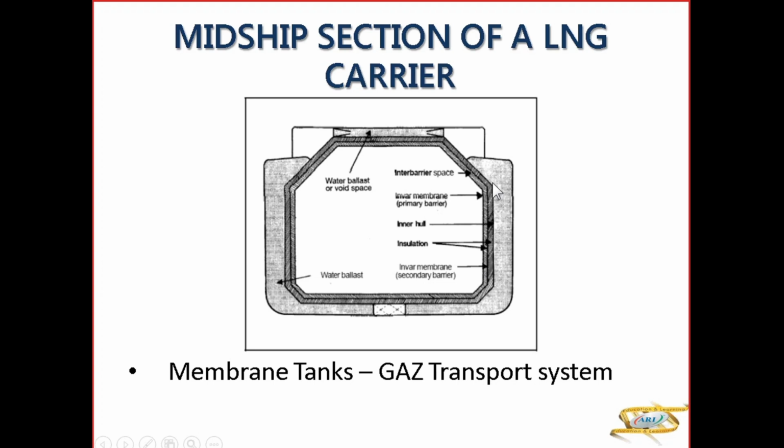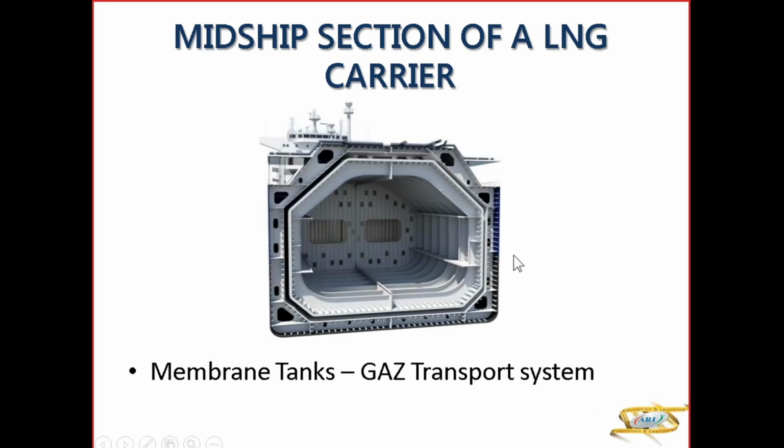And then again, the insulation barrier, which is plywood boxes filled with perlite. There are two barriers here. And this membrane is very, very thin. So if it is damaged, then it becomes a very costly affair. If you see this, here you will have either water ballast or void space.